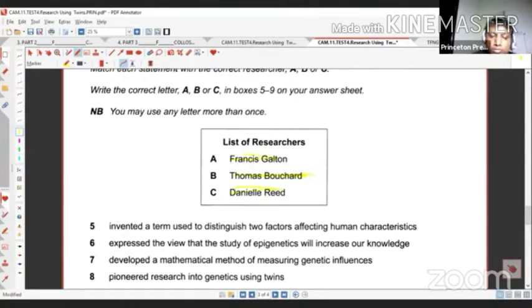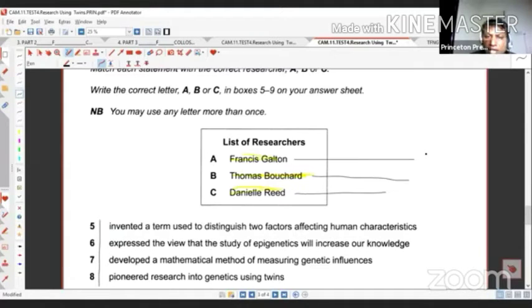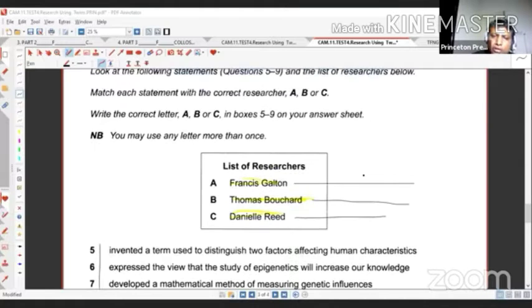I'm not going to check these now. And the moment I find the names Thomas Bouchard, Daniel Reed, I'll find this information just next to that, before or after it.